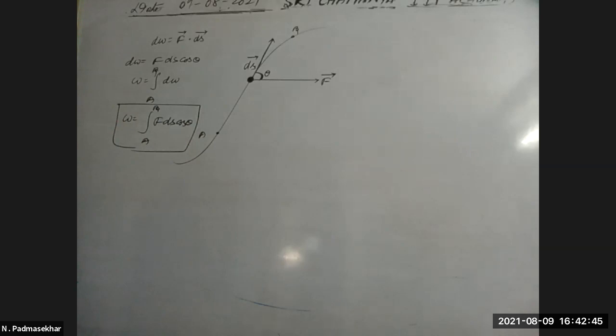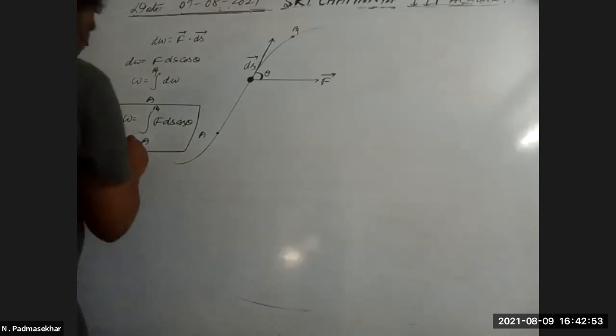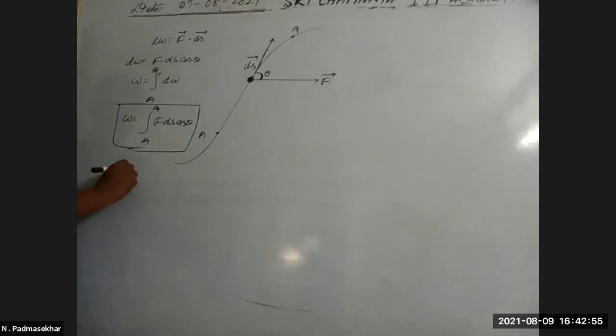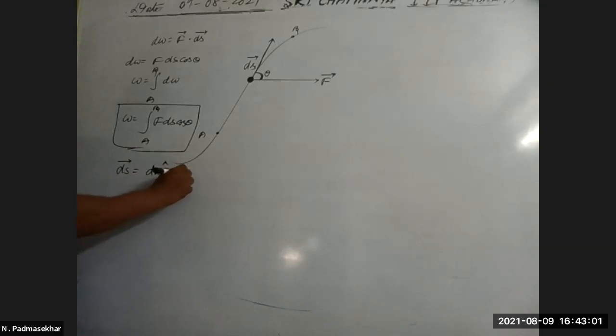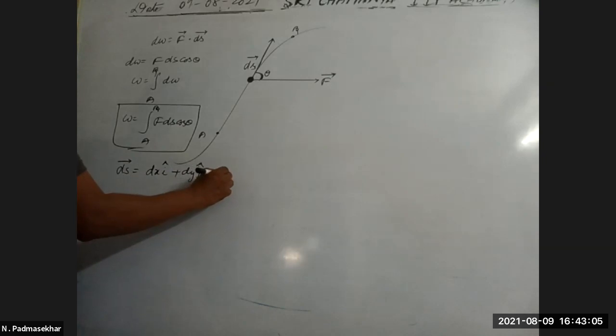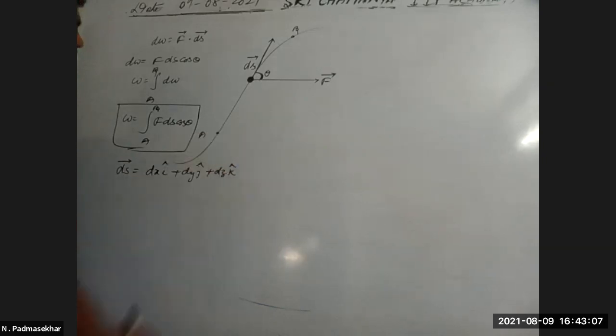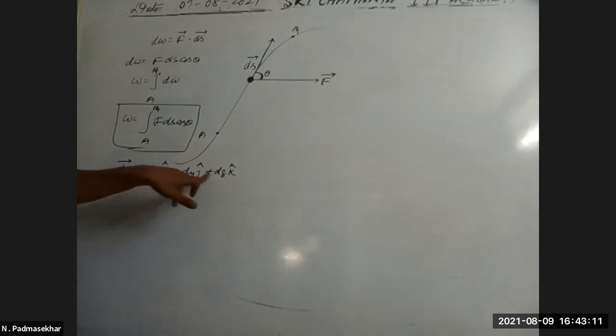Suppose the force is constant and the displacement varies. Here ds bar is equal to dx i cap plus dy j cap plus dz k cap.